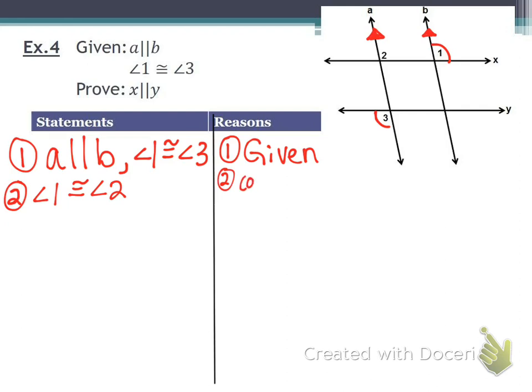So you do need to say that. Corresponding on parallel lines, that is how we know that they are congruent to each other. Okay, so we could go ahead and mark that if we're going to state it. Now what do you think we could say?